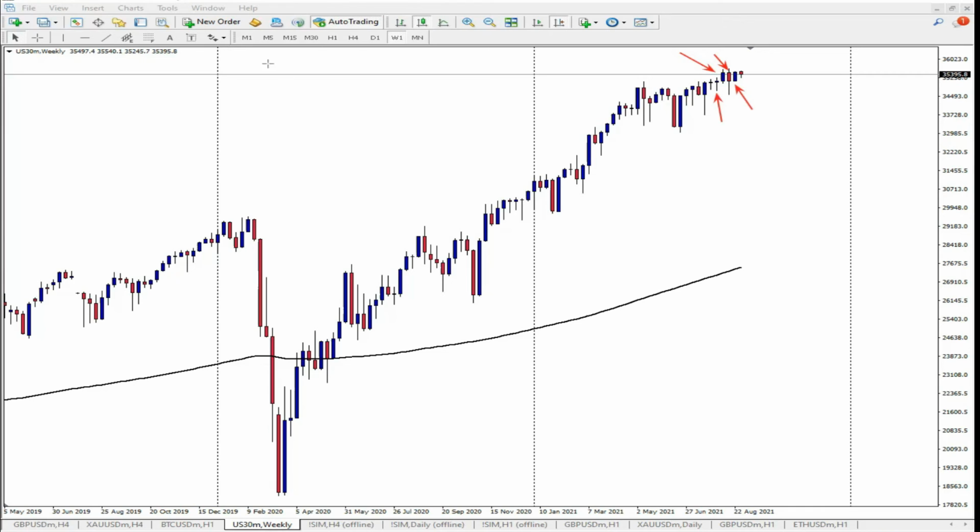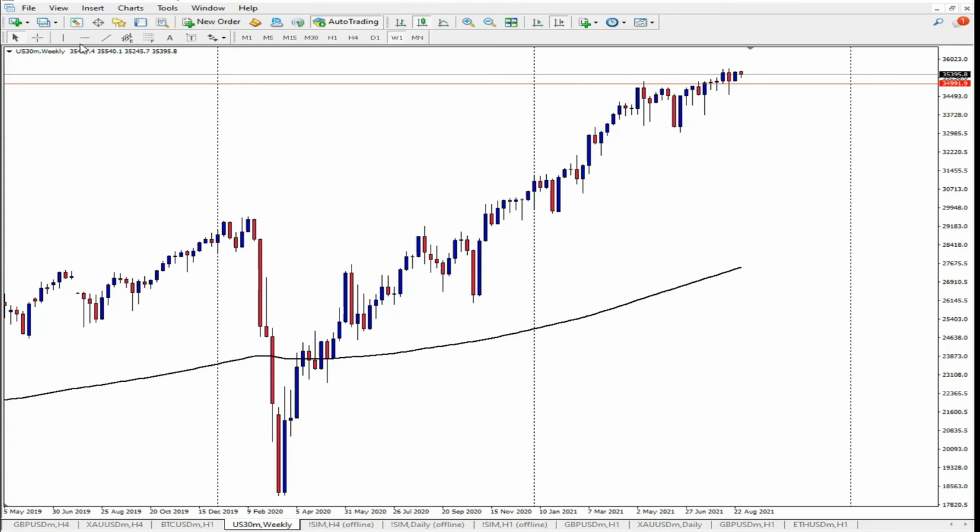So on US30, I'll be expecting price to keep pushing higher. The only point with which I'm going to have a change of mind is if price trades lower than 34,991.